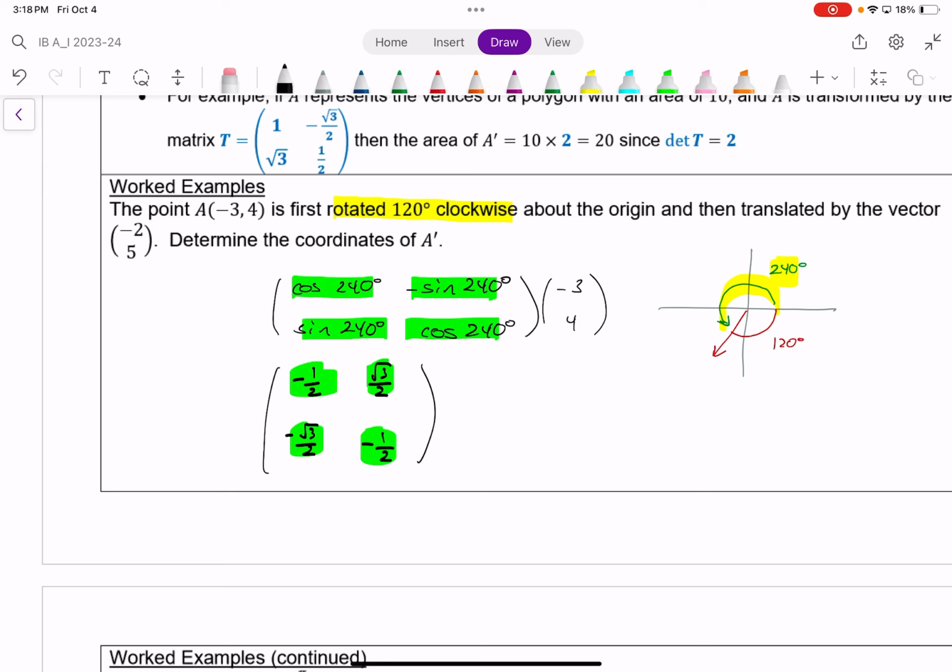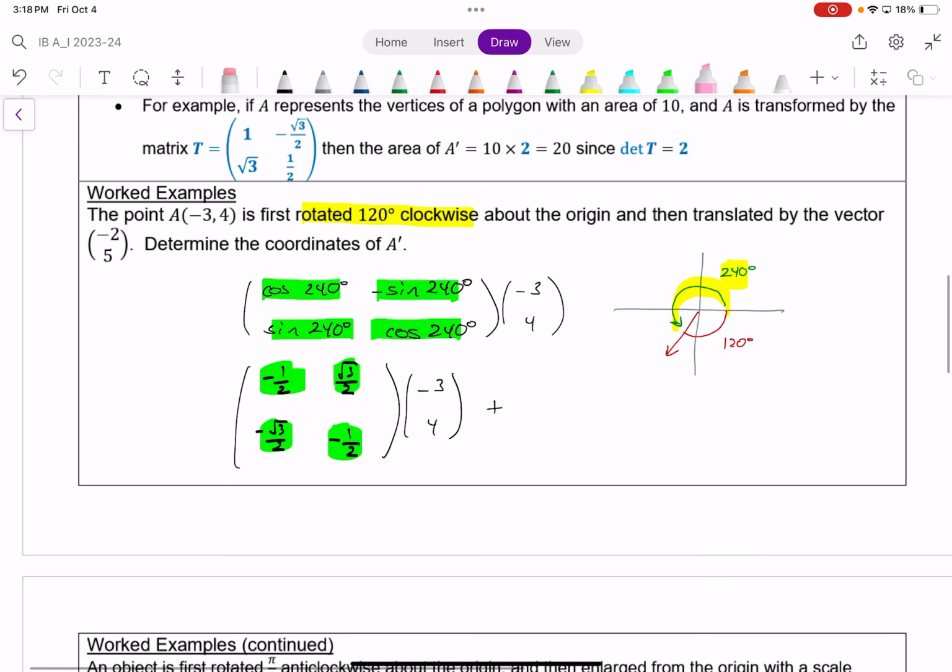That said, to multiply this out, a GDC is quite helpful, and whatever we get there, we want to add this translation vector, which we've seen in earlier parts of the course. This just means we're moving 2 to the left and 5 up. And so once we have that first multiplication step done, we just add this vector.